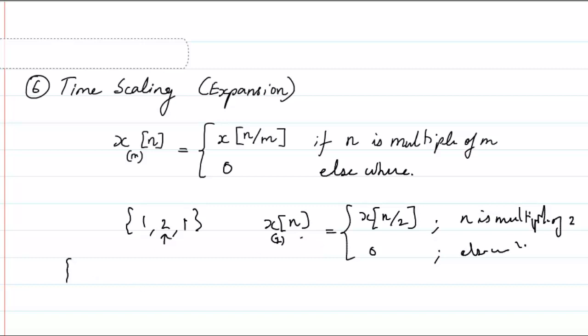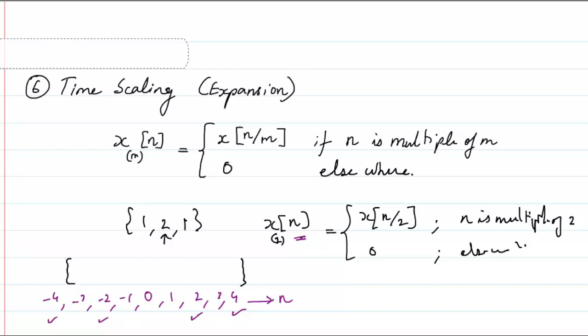So for the new n, I will write the time axis below, which is 0, 1, 2, 3, 4, and the negative axis, -1, -2, -3, -4, like that. Wherever n is a multiple of 2, so you can see that 2 is a multiple of 2, 4 is a multiple of 2, similarly -2 and -4 are multiples of 2.